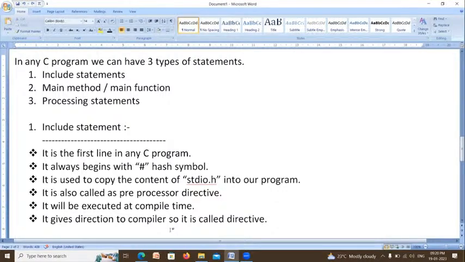It is also called as preprocessor directive. It executes at the time of compilation. It gives direction to compiler.